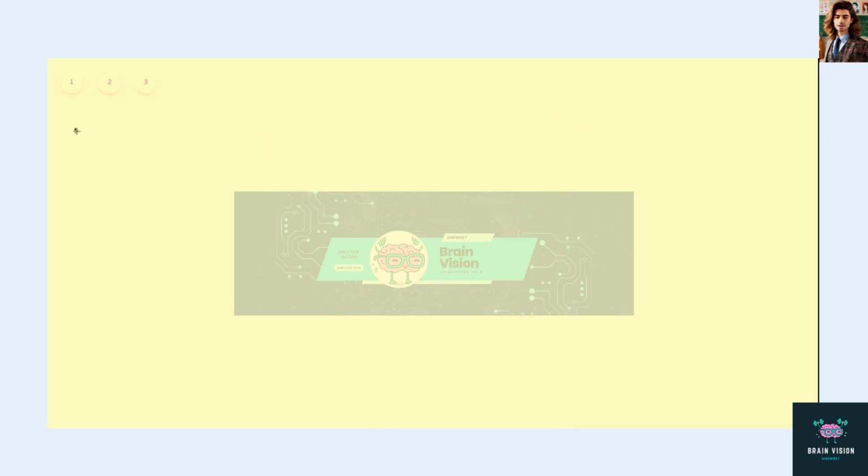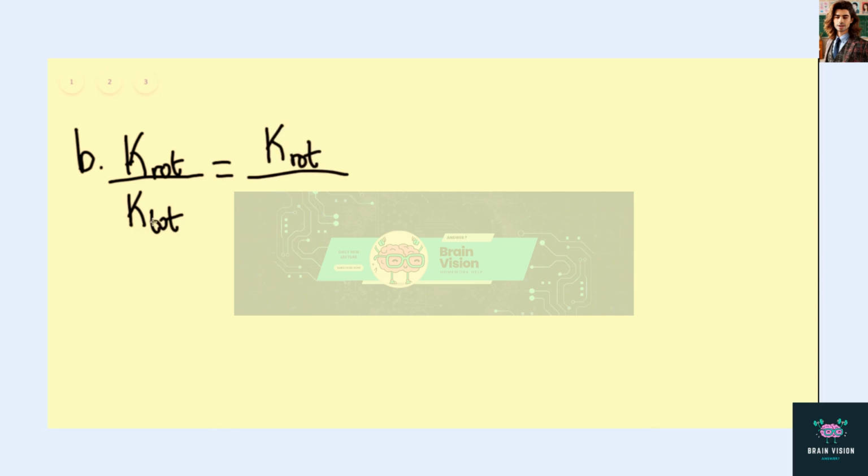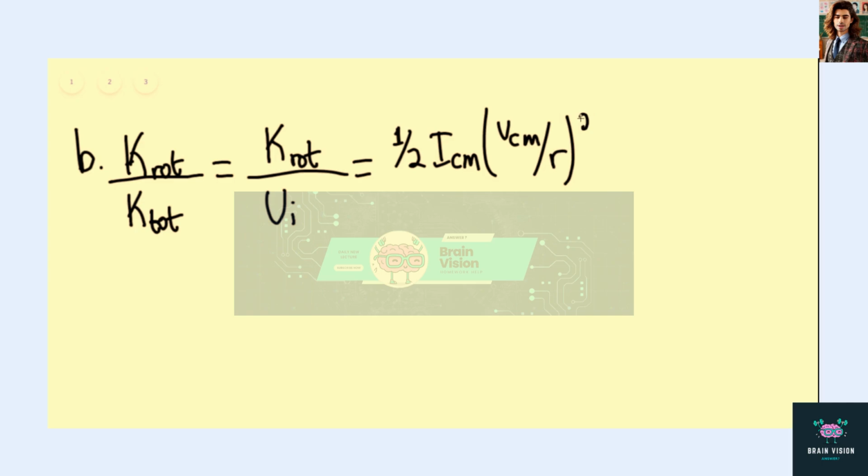And then for part B, they want us to find the ratio of the rotational kinetic energy divided by the total kinetic energy. And so this would equal the rotational energy, and we know that the total kinetic energy equals the initial potential energy. So this would equal 1/2 times the moment of inertia through the center of mass times v, the velocity of the center of mass divided by the radius of the inner hub, quantity squared, divided by the total mass times g times h.